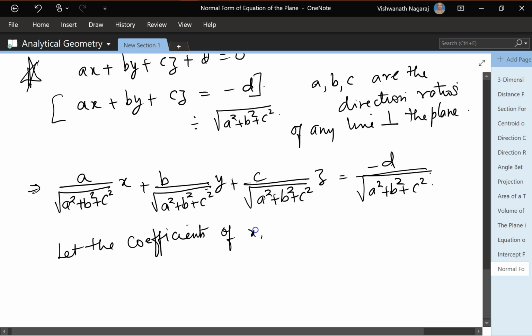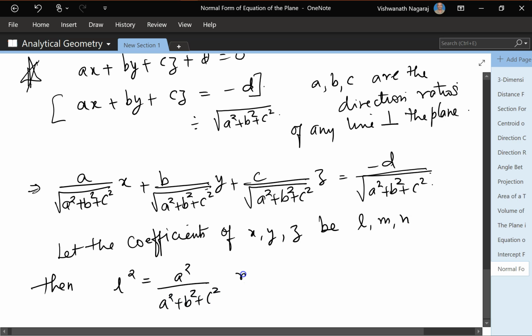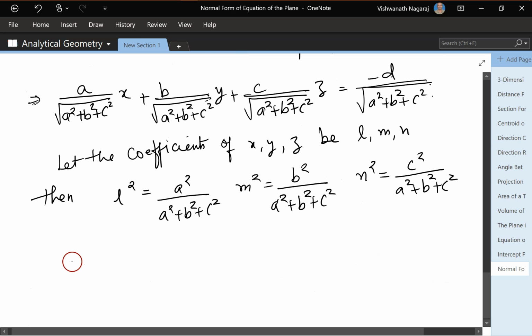Let the coefficients of x, y and z be l, m and n. Then l square is equal to a square by a square plus b square plus c square, m square is equal to b square by a square plus b square plus c square, and n square is equal to c square by a square plus b square plus c square. Which means if we add them up, we get 1.